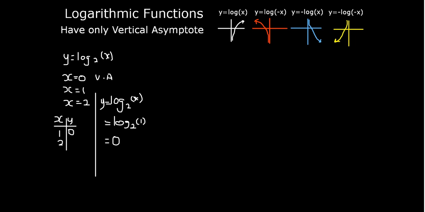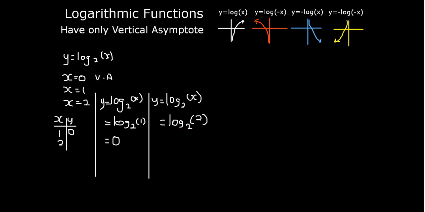Then we substitute also 2 into the original equation. We substitute 2 and we'll say y equals log of x base 2. Now we will substitute 2 where there is x. So we'll have log of 2 base 2.